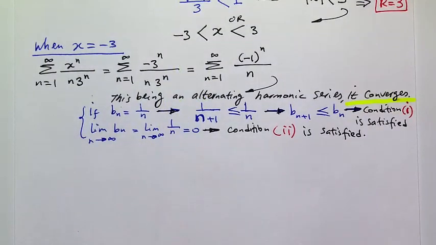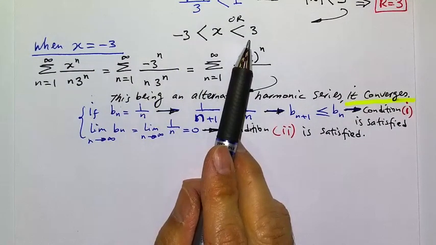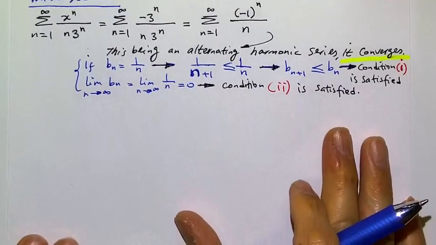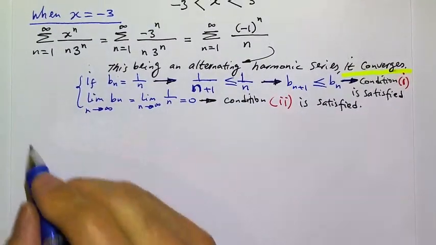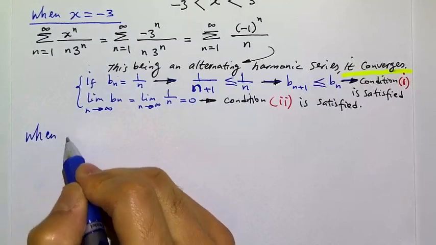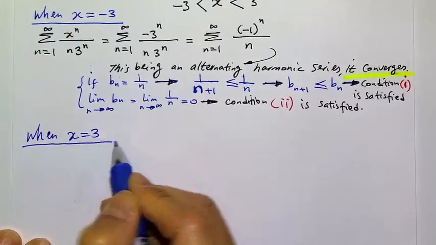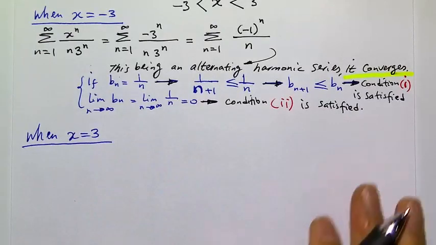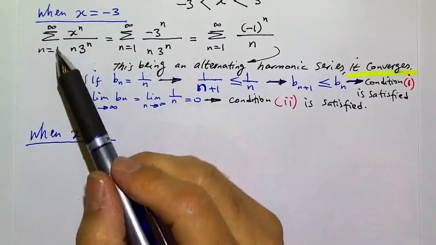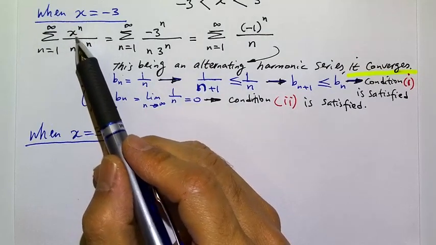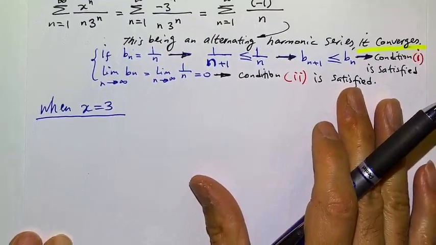Now we have to test the other side when x equals 3. So when x equals 3, I'm just going to begin with our series and then substitute for x with 3, right?